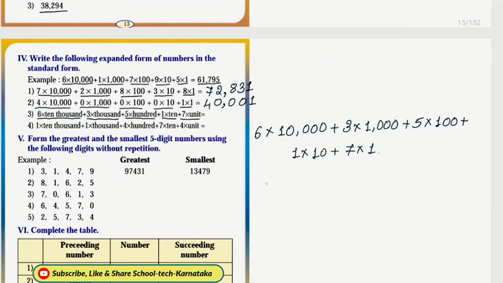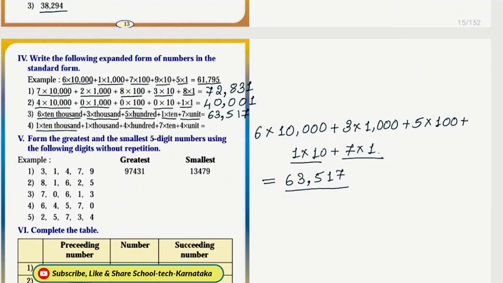So this is written as 63,517. Oh, I'm sorry, it is 1 and 7, not 7 and 1, since here it is 1 into 10 and 7 into 1. 63,517.